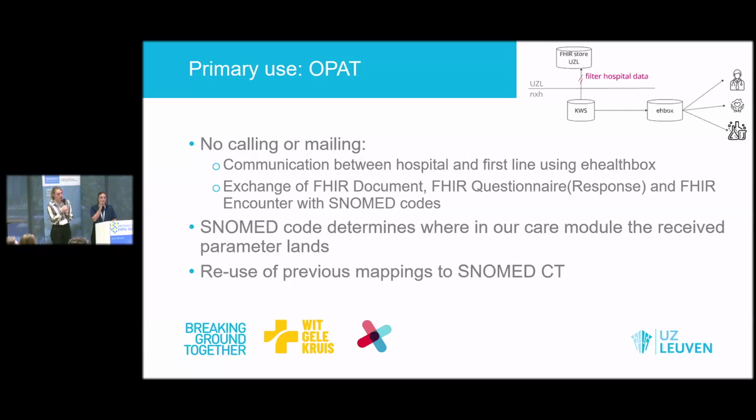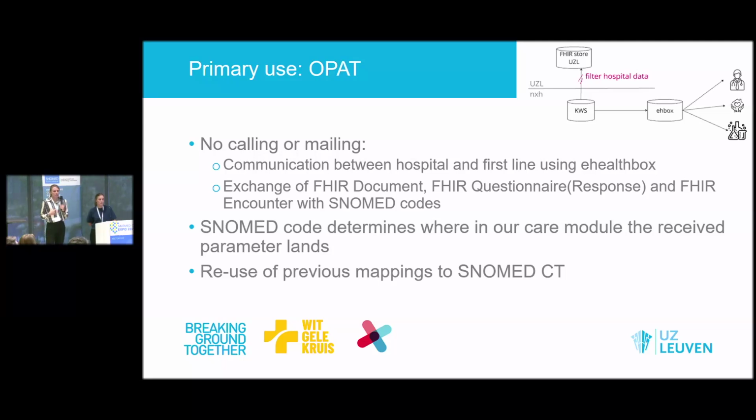So a first example of primary use is an innovation project we did with the money from our government. It's mainly to reduce calling and emailing between first line and the hospital. So in this case, a patient was in the hospital getting antibiotics or oncology treatments. The patient could go home and be followed up by a home nurse.